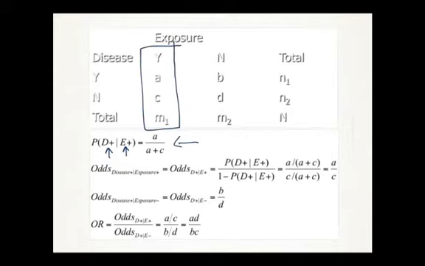So that's why the denominator is A plus C, because it's these guys plus these guys. Instead of A plus C, we could have also written M1, right? And then among those, the people who have the disease, yes, are the people with A. So that's why we have A divided by A plus C. Okay?